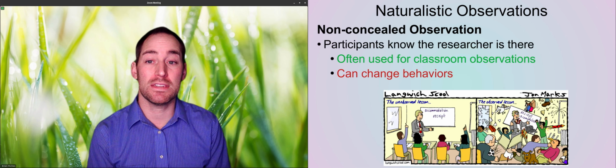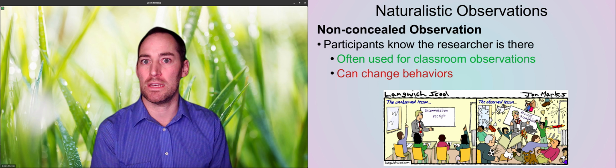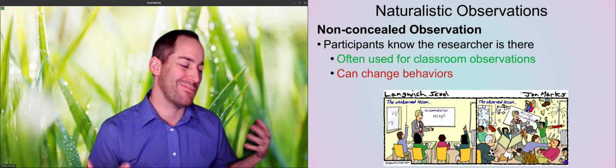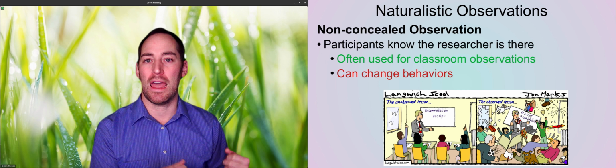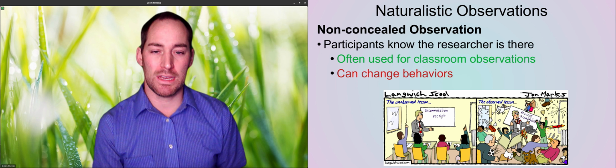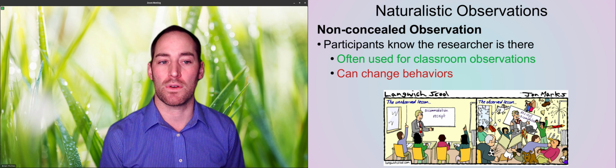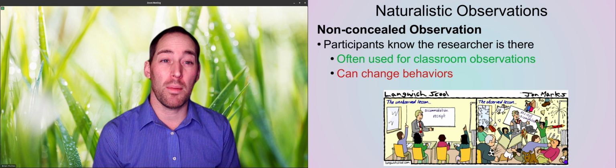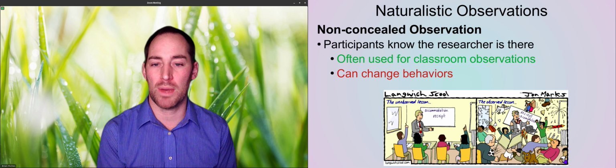So non-concealed observation goes back to the example of the principal coming into the classroom. They're non-concealed, kids know who the principal is, they know the principal's sitting in the back of the class, and so this kind of example, non-concealed observation, is when participants know the researcher is there. So you use this for classroom observations. The problem here is while you're trying to get a natural observation, you might be changing the behaviors.